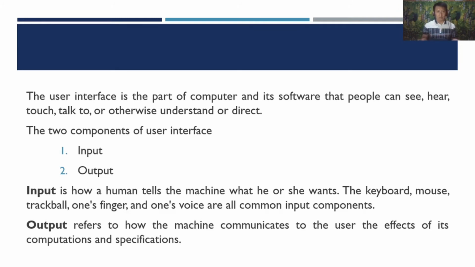What about the output? The output refers to how the machine communicates to the user. The output makes us understand the result of our input. For example, we are calculating our monthly allowance.